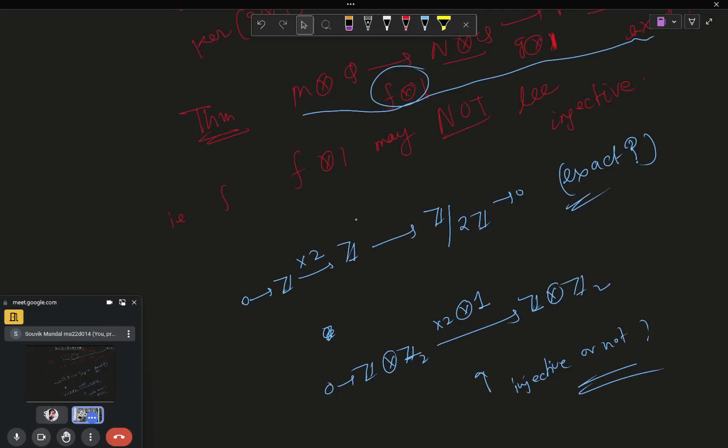So this is the map we're taking: 0 goes to Z, Z2, Z by 2 to 0, and 0 goes to Z. So now we are tensoring 0 goes to Z tensor Z2 to Z tensor Z2, with multiplication by 2 tensor 1. Now check whether this map is injective or not. First try, then let me know.